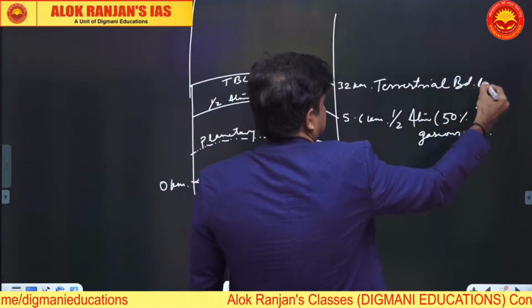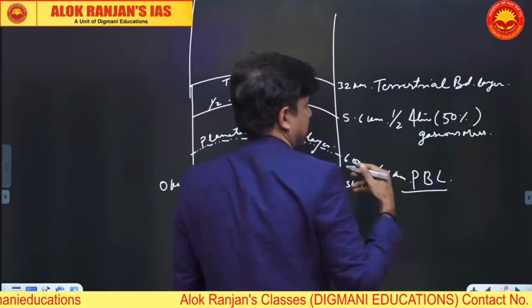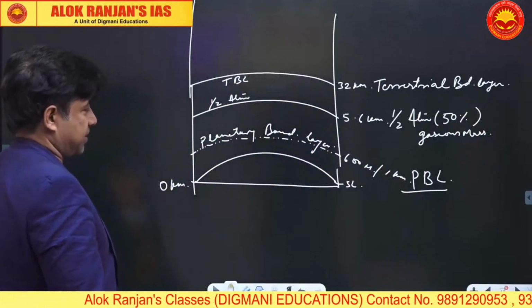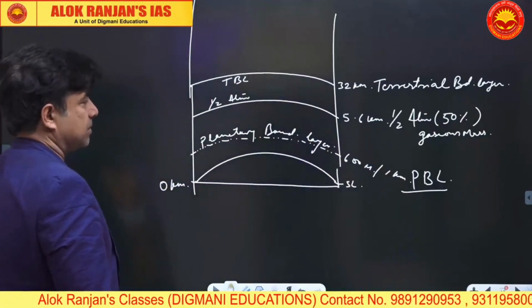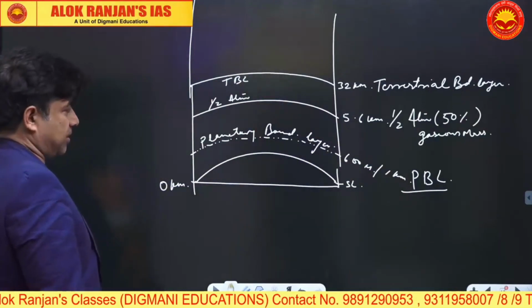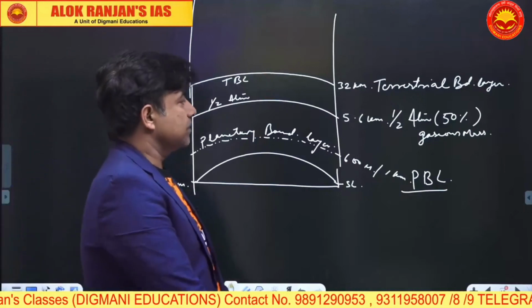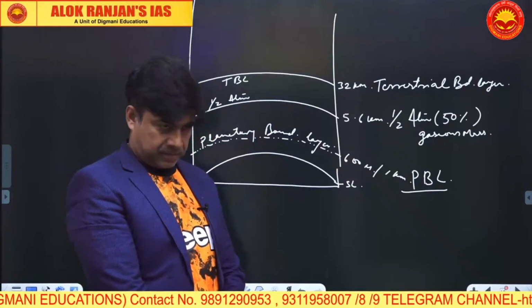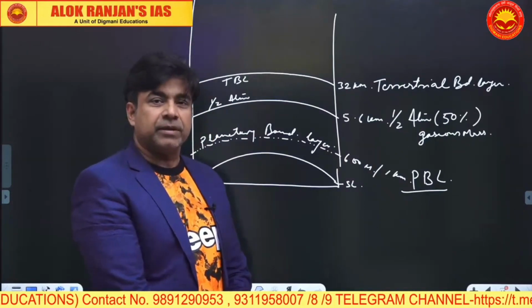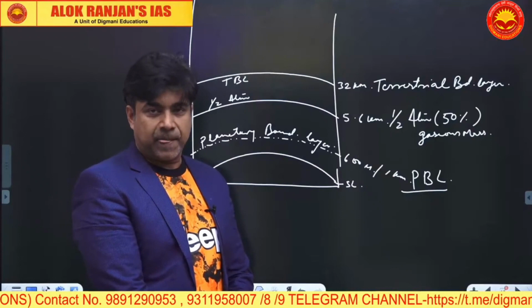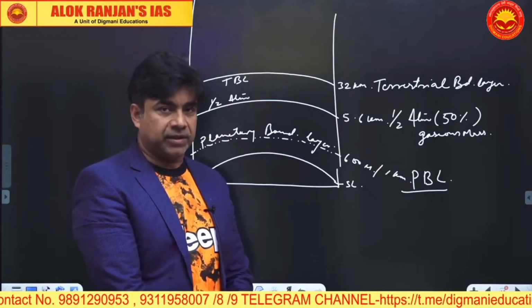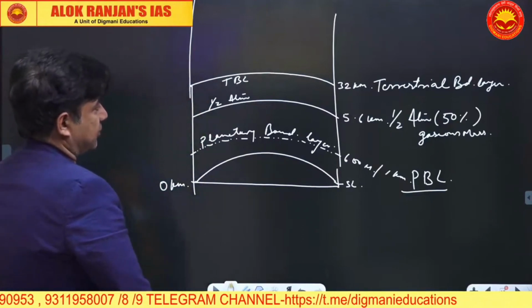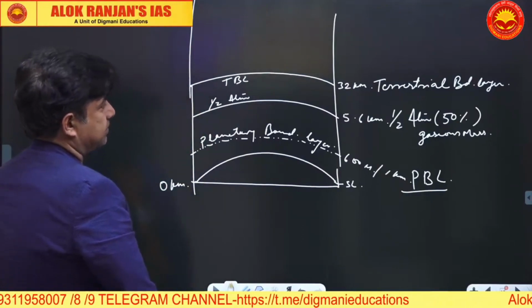Write, above which the Coriolis effect due to Earth's rotation becomes negligible. So this is your terrestrial boundary layer.